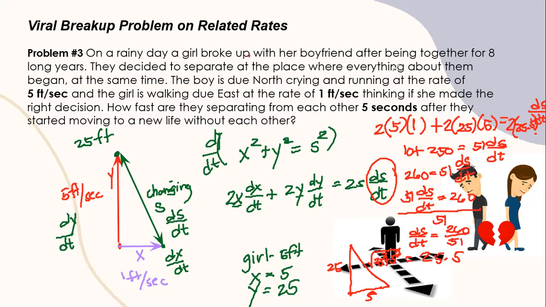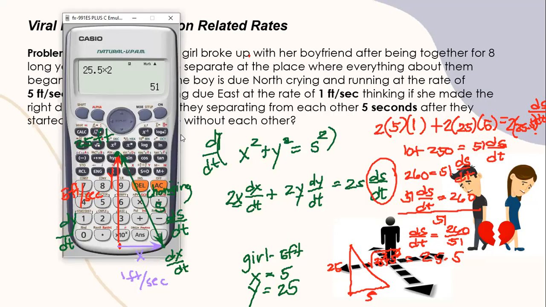So we have our final answer. 260 divided by 51 is 5.098. So the answer is 5.098 feet per second.